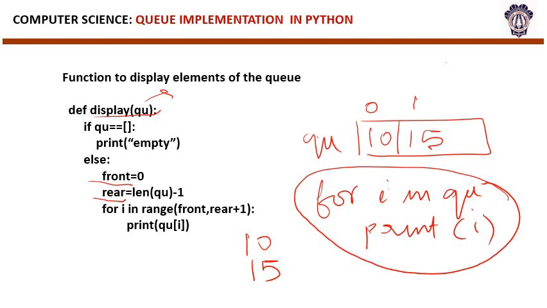So this is rear because 15 is the last element and front is the index of the first element. Front will always be 0. And what is the value of rear? Length of Q minus 1. So for I in range, front comma rear plus 1, print Q I will print all the elements of the Q between front and rear, including the front and rear indexes.